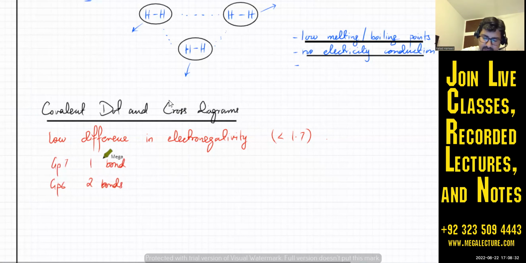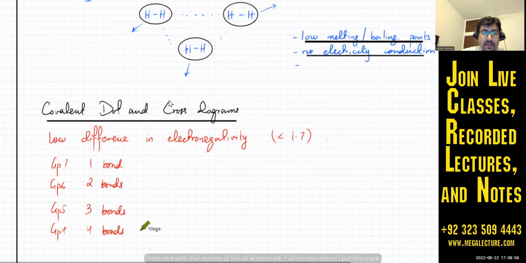Then for group 6, the outer shell has 6 electrons, so it needs just 2 electrons. Group 5 needs 3 electrons, so it's going to make 3 bonds. And then you've got group 4, which is going to make 4 bonds.